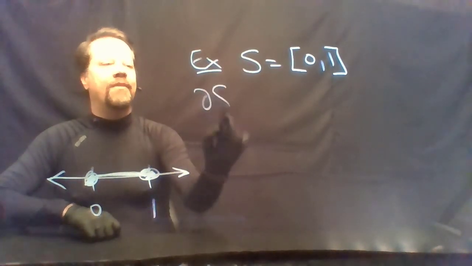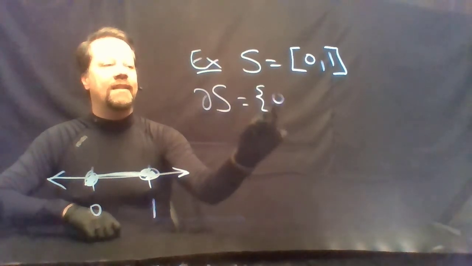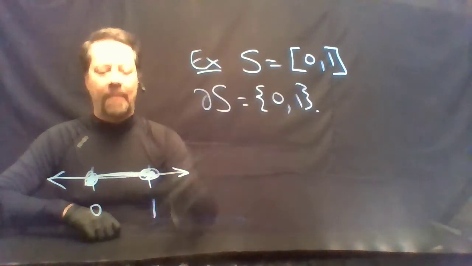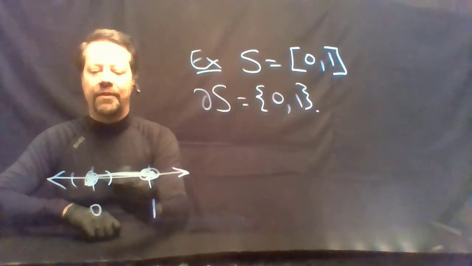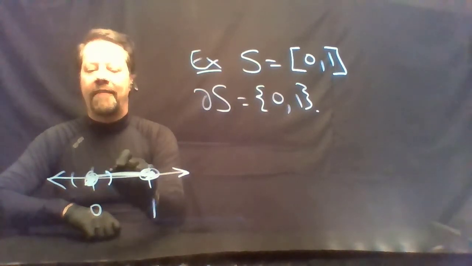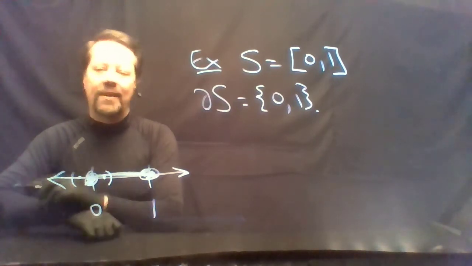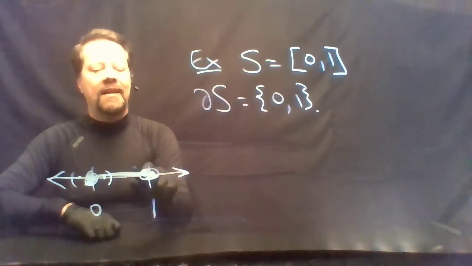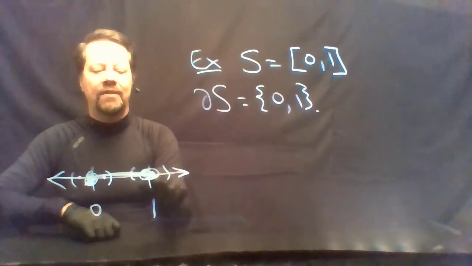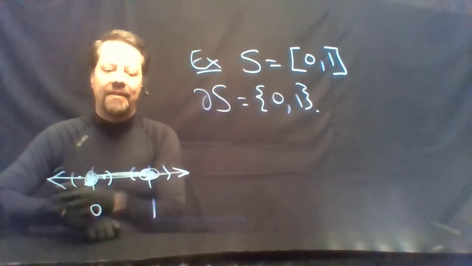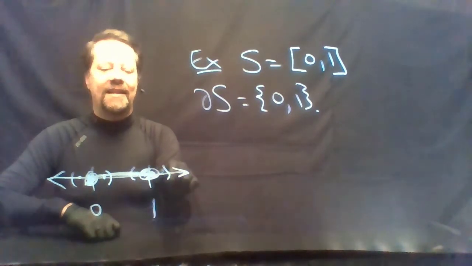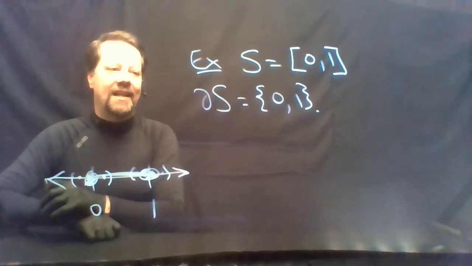You can see that the boundary of S is the set that contains 0 and 1. Only 0 and 1 are boundary points. No matter what little open interval you put around 0, you will have points inside the set, but also points outside of the set. And the same is true at 1. No matter what little open interval you put around that, that open interval will have points both inside and outside of the set S.